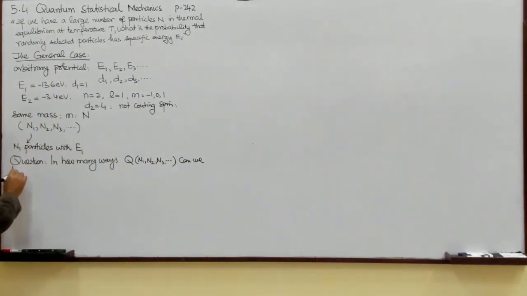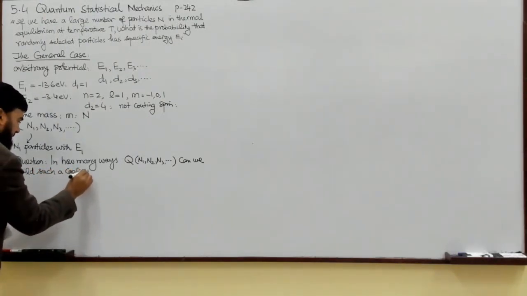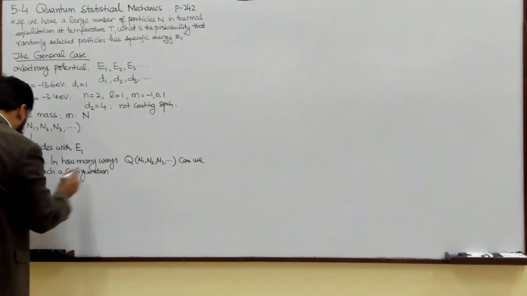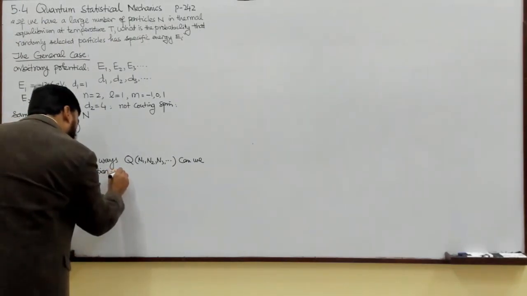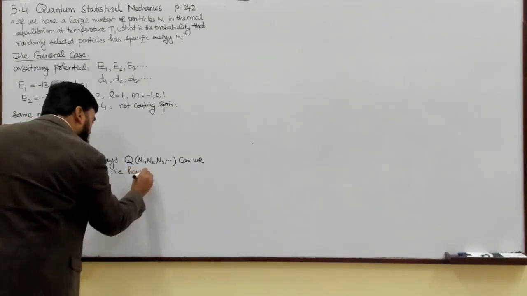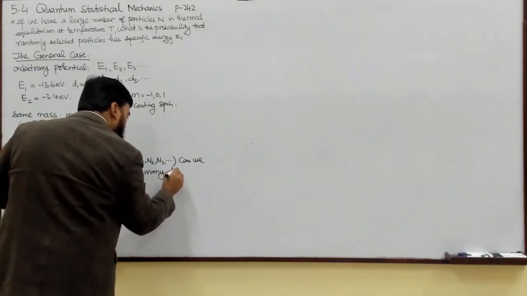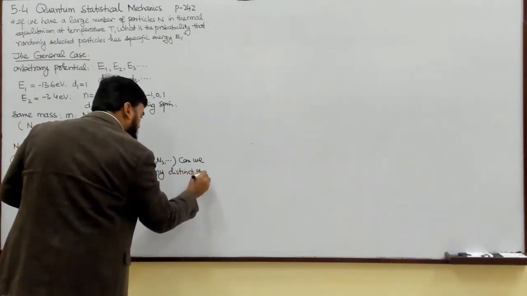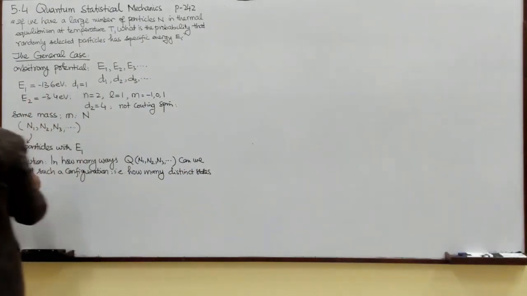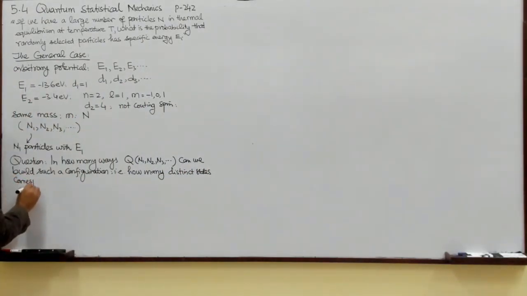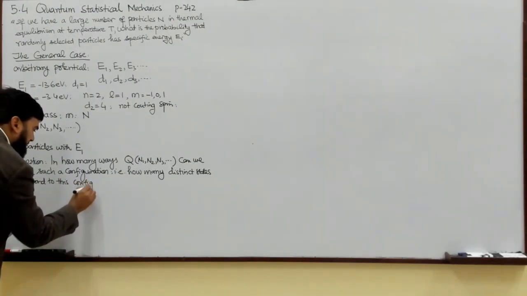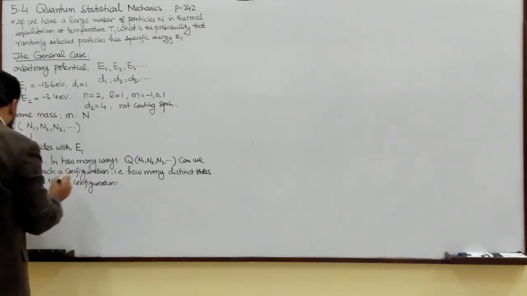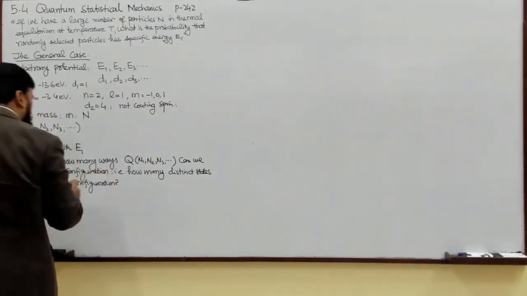I denote that number of ways by Q of N1, N2, N3. That is, how many distinct states correspond to this configuration? This is our question.